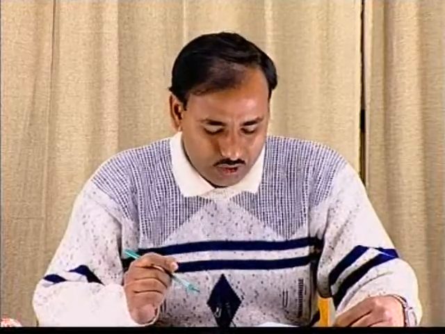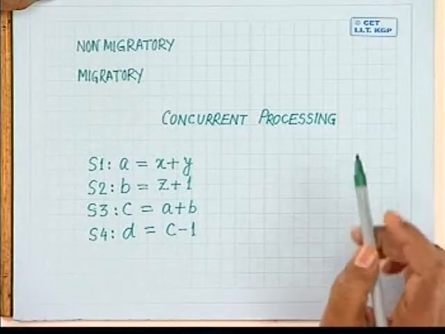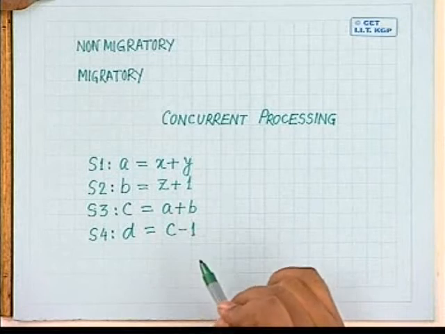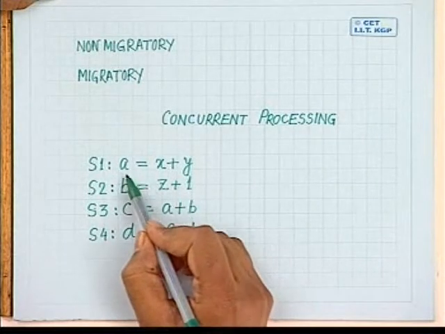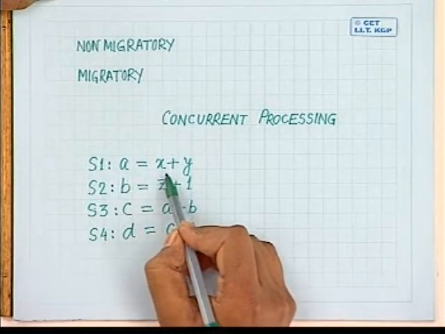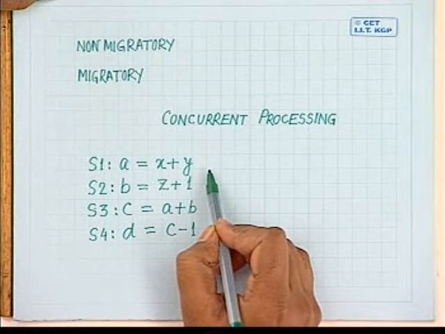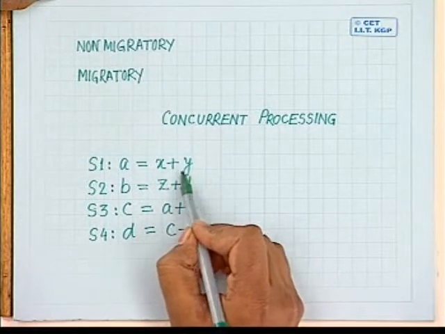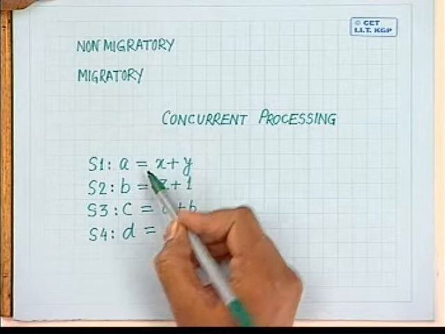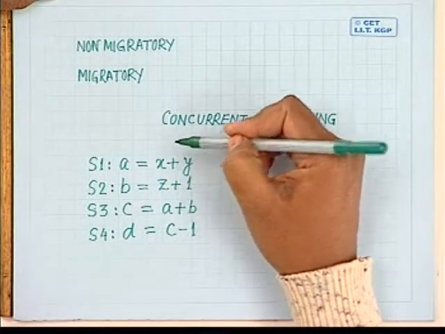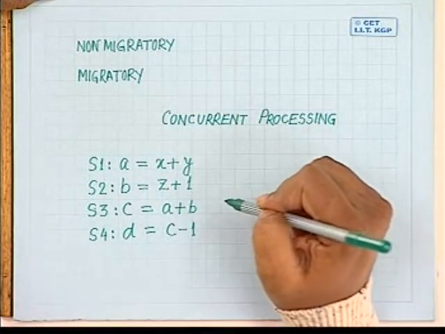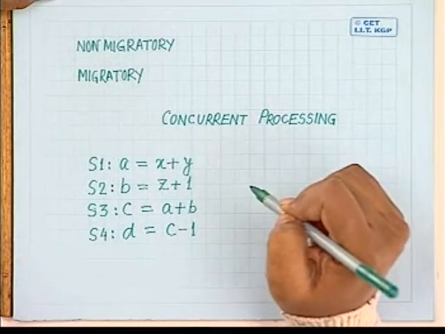Now, if you study all these four statements, S1, S2, S3, and S4, you find that for statement number 1, which is A equal to X plus Y, this X plus Y does not depend upon any previous statement. That means X and Y are not generated by any previous statement.